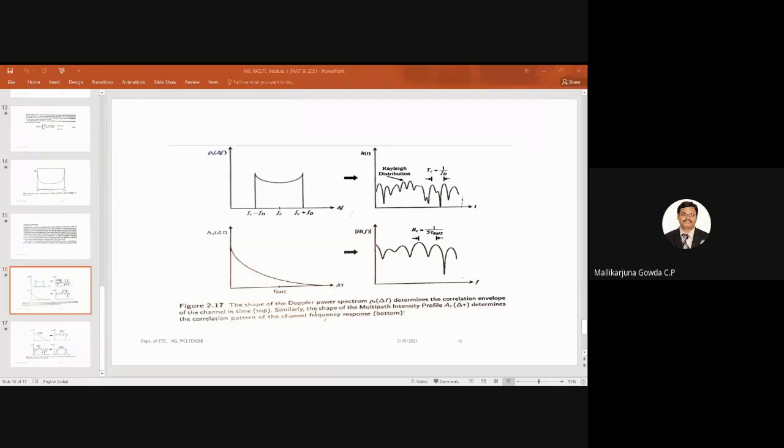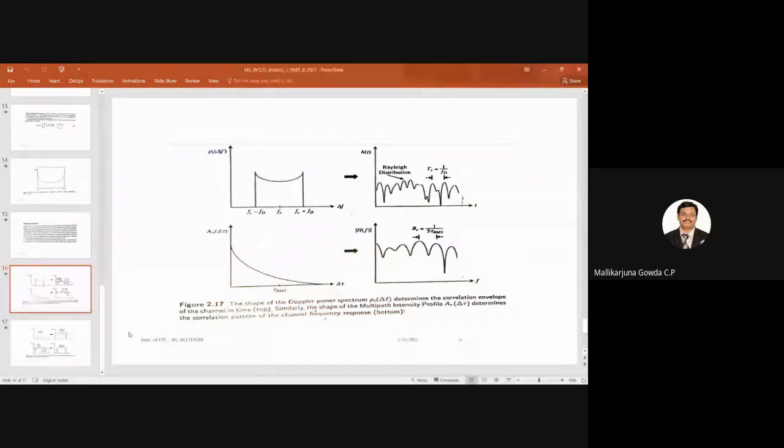So how does it look in the frequency domain? Here we are relating with respect to the coherence bandwidth, because coherence bandwidth and delay spread are related. Coherence bandwidth is the inverse of delay spread. Usually we say it is 5 times the delay spread, which is why it is written BC is equal to 1 by 5 times the RMS delay spread. So this is one aspect.